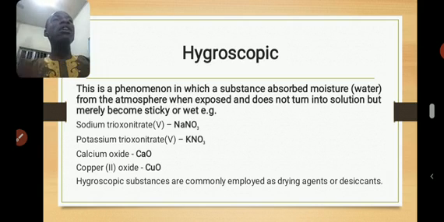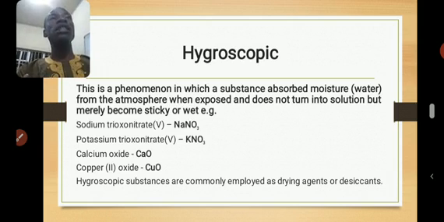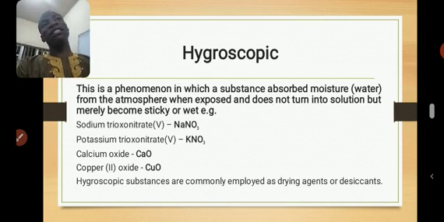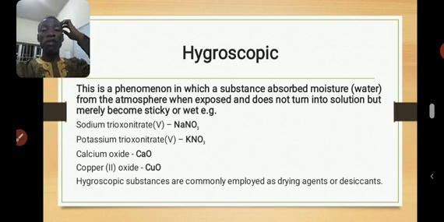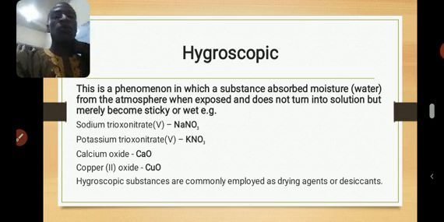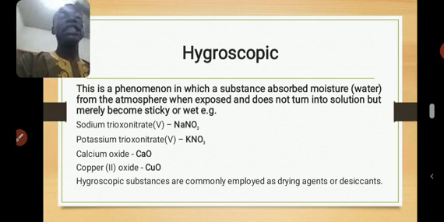Remember, one is losing water, one is gaining water. Efflorescence is losing water to the atmosphere because it has water of crystallization, while hygroscopy is absorbing water from the atmosphere because it has affinity for water. Don't forget conc H2SO4 is hygroscopic in nature.